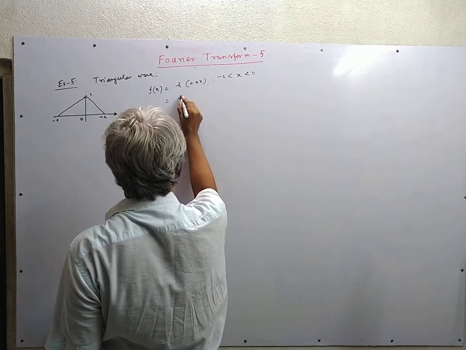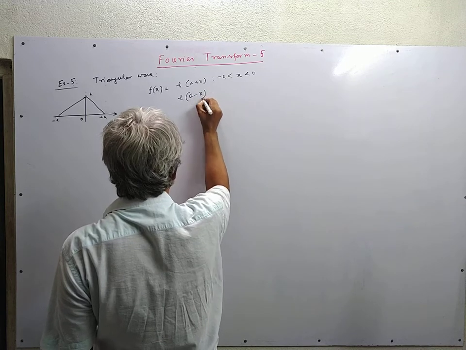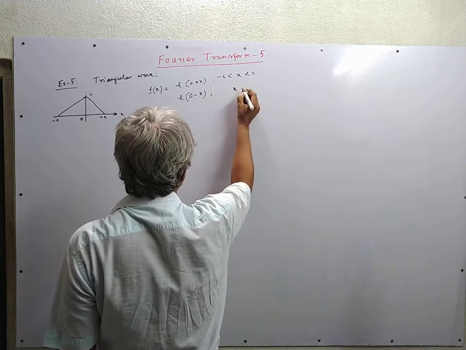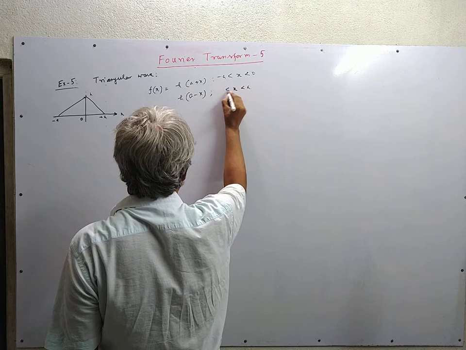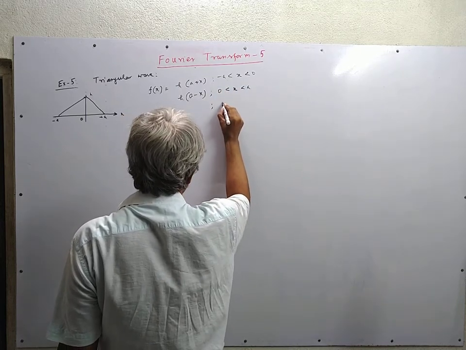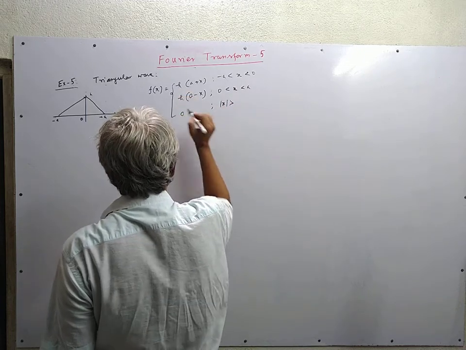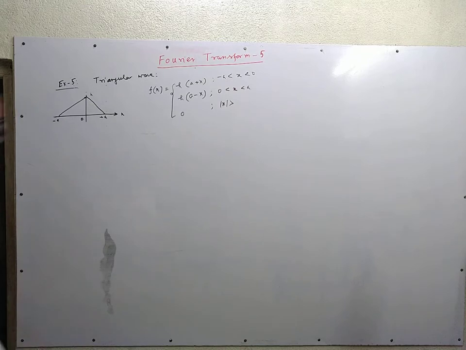This is equal to h times (a minus x) when x is less than a, greater than 0, and is 0 otherwise, when mod x is greater than a. This is the definition of the triangular wave, and the wave looks like this.